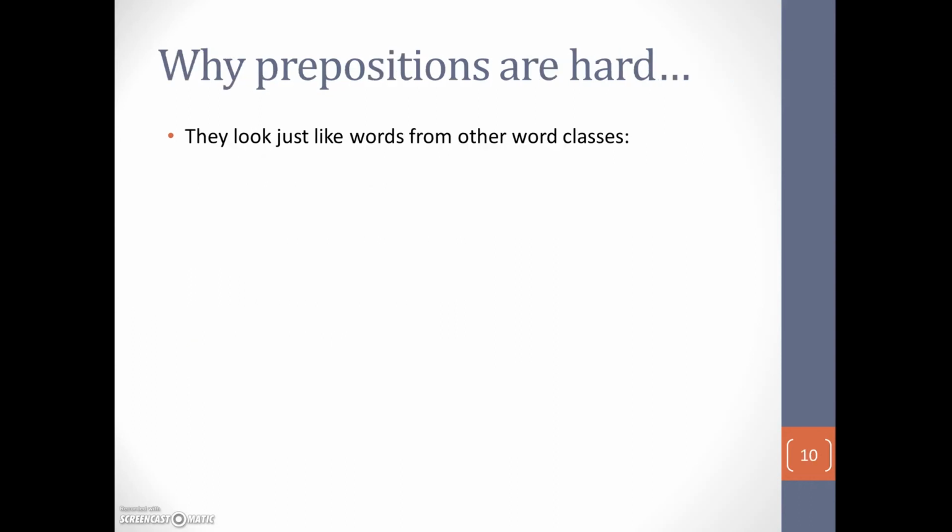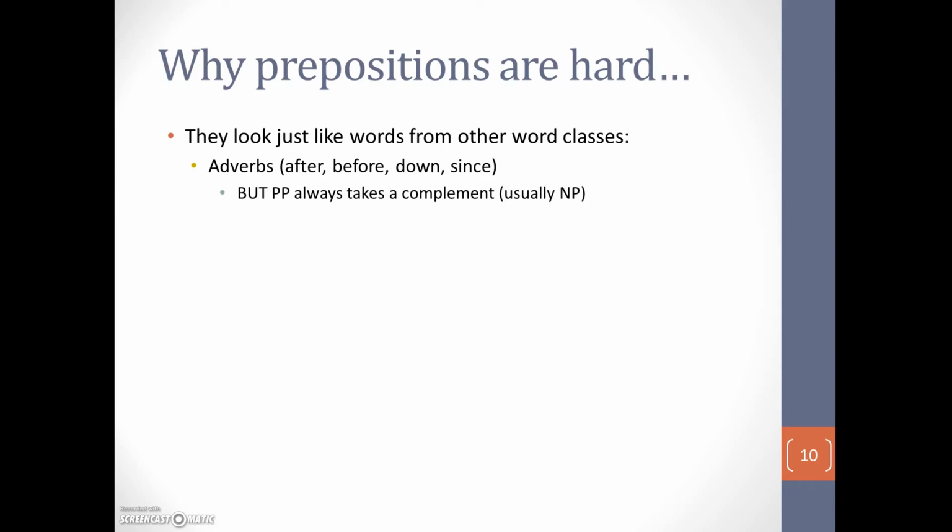Now, why is it that prepositions are so hard? Well, for one thing, they look just like words from other word classes. So they're sneaky. They can look a bit like an adverb. So after, before, down, and since are actually prepositions, but they're also adverbs.